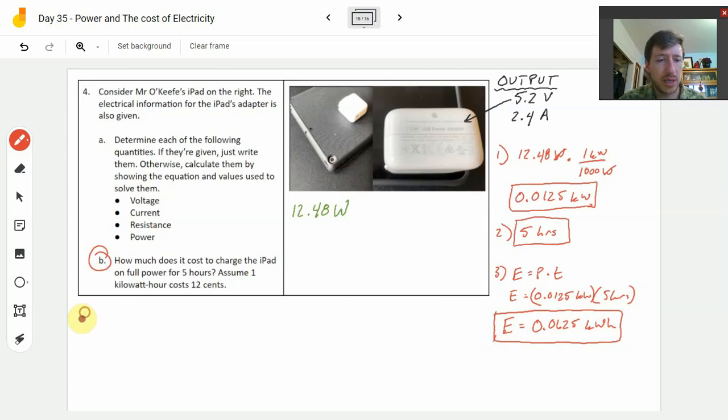And last but not least, we actually calculate the cost of that much energy, knowing that it's about 12 cents per kilowatt hour. And then we've got 0.0625 kilowatt hours used.